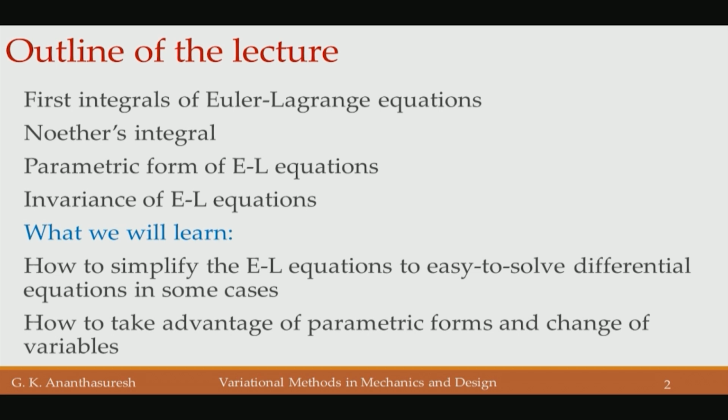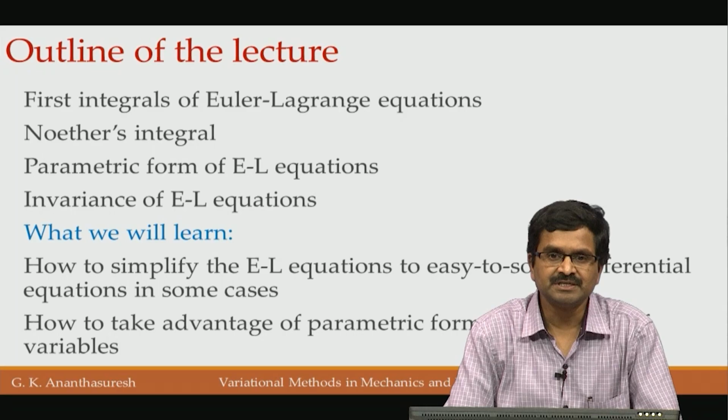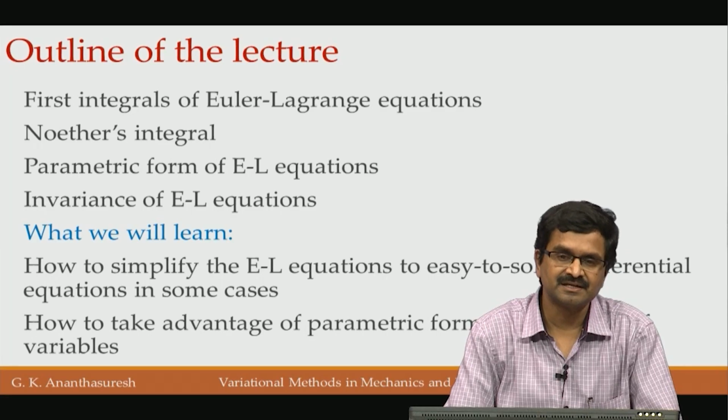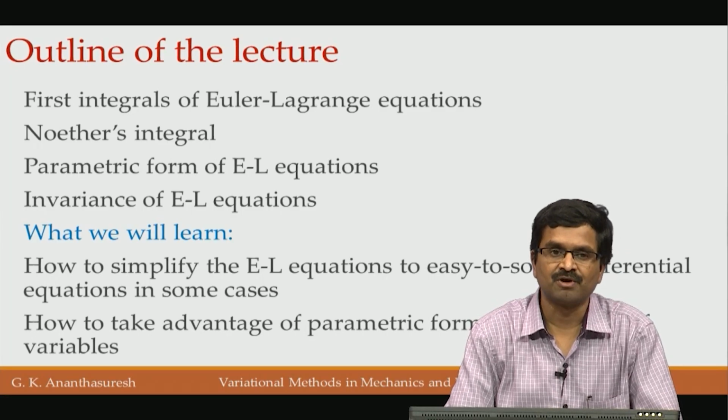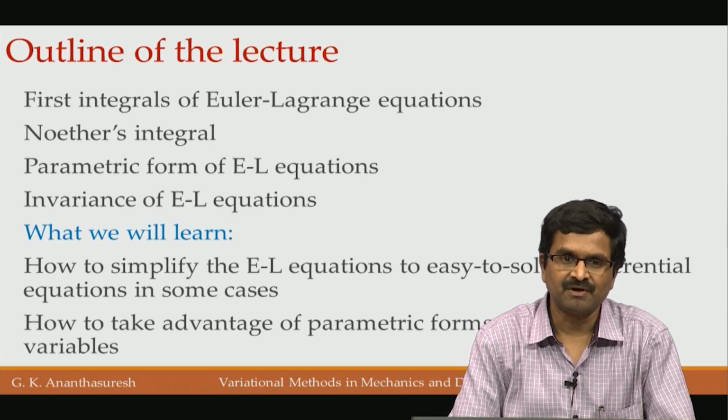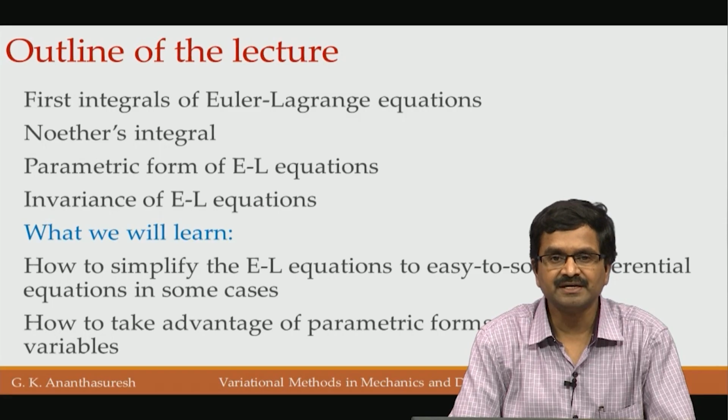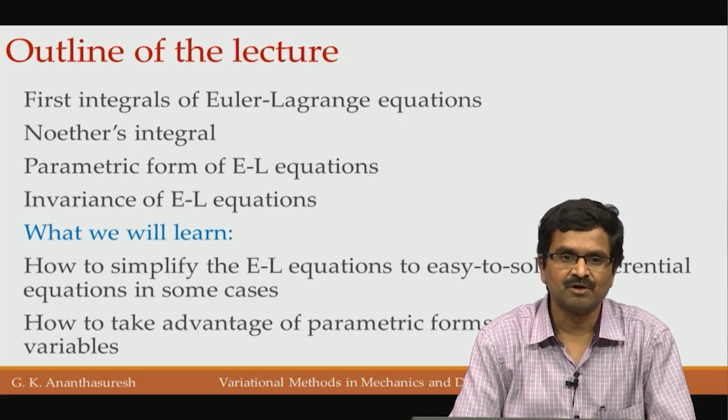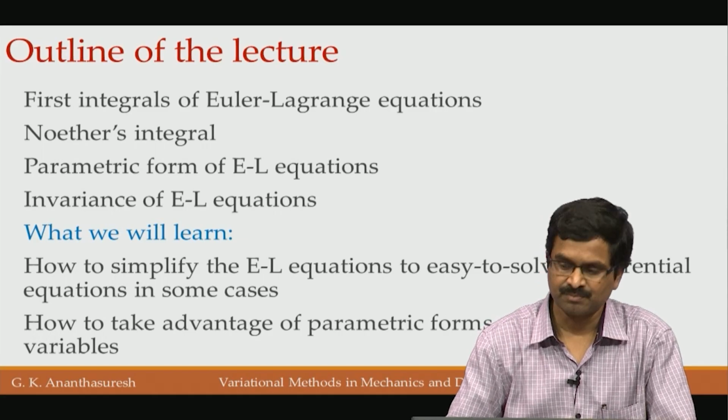So, what we will learn in this lecture is how to simplify the Euler-Lagrange equations so that it will be easy to solve analytically sometimes, and numerically definitely easier than doing without these so-called first integrals. We also discuss how to take advantage of the parametric form and other change of variables to solve calculus of variations problems.